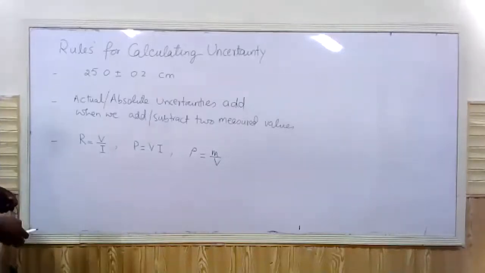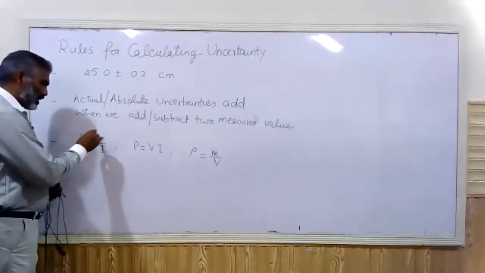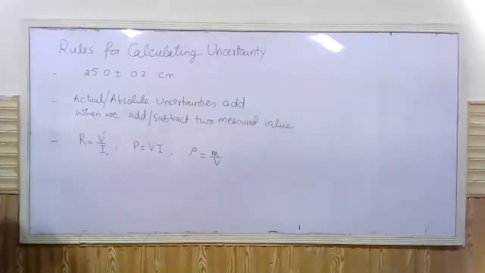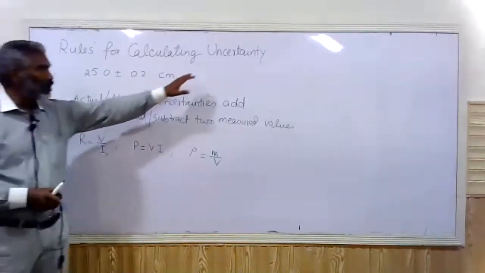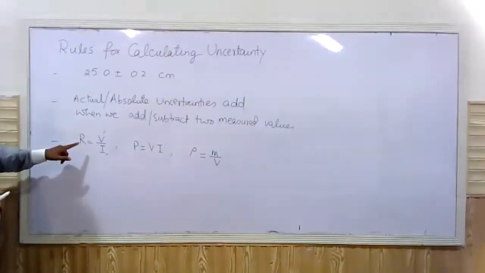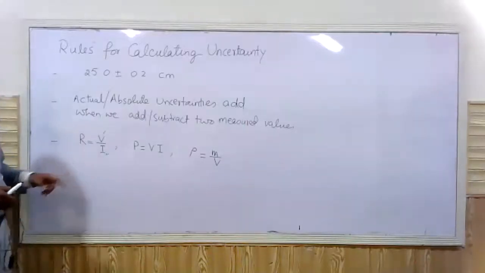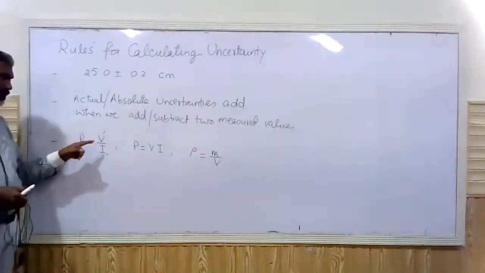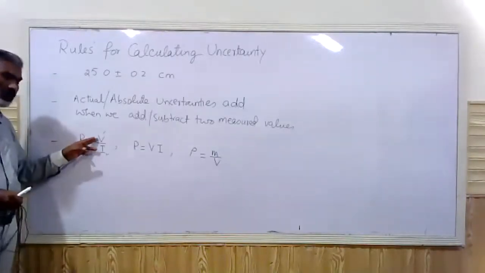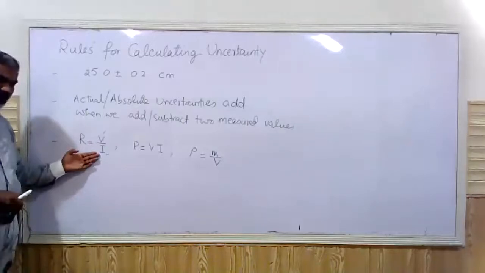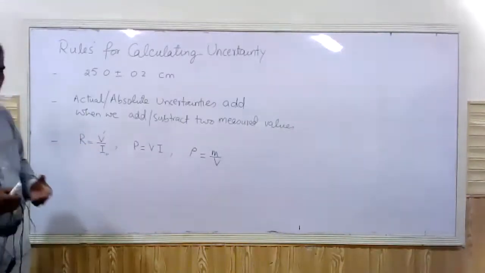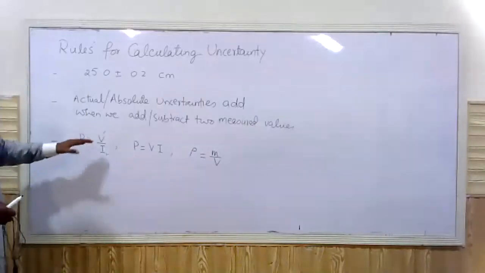That means if I know the value of voltage and current, I can calculate the resistance from them. But the question is, what will be the amount of uncertainty in the value of resistance? Naturally, the uncertainty in the value of resistance will clearly depend on the uncertainties in the values of V and I. Maybe V contributes more to that uncertainty than I, but there will be some contribution of both, and there is a certain rule that we use to add them.